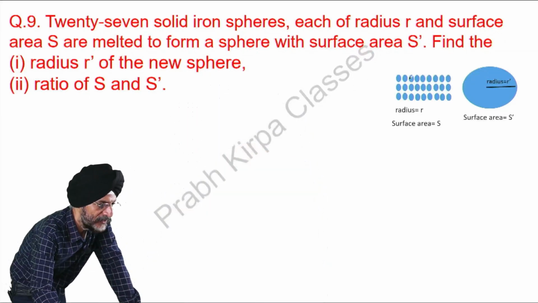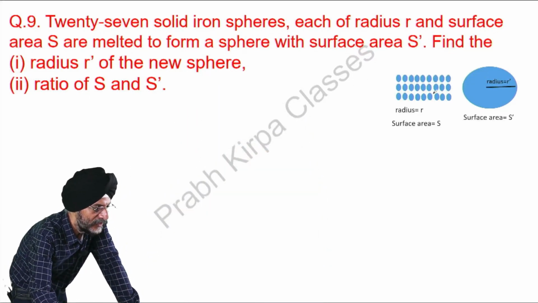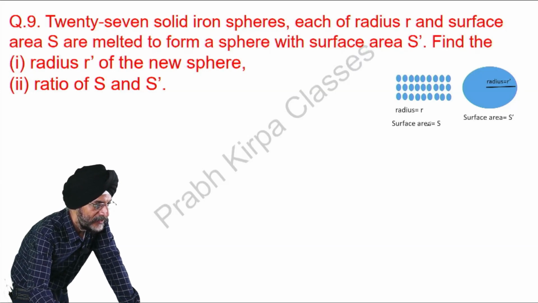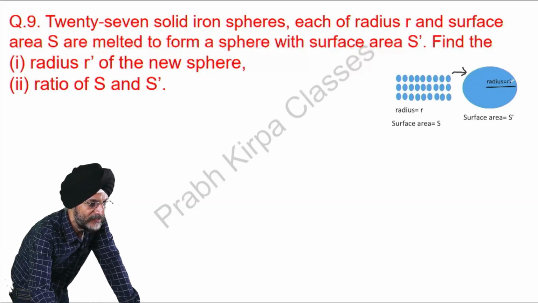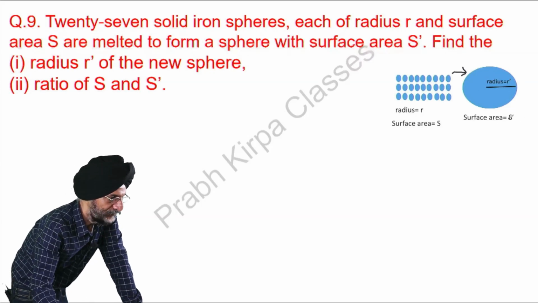In this picture you can see the 27 solid spheres where the radius is r and their surface area is s, and they have been melted and one big sphere has been formed with radius r dash and surface area s dash.